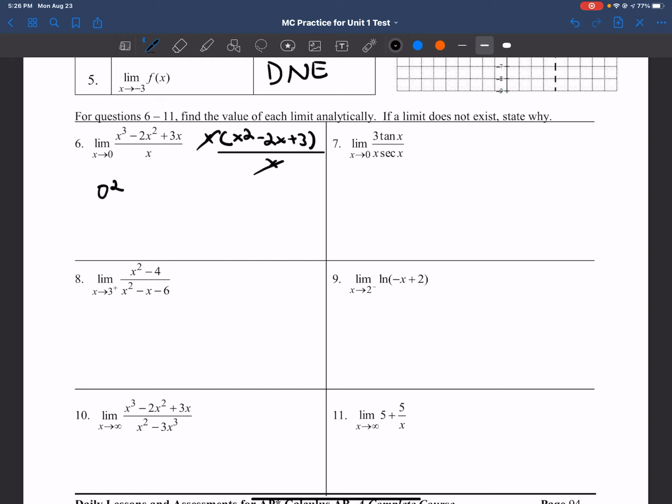So 0 squared is 0, minus 2 times 0, which is 0, and plus 3. So this will be 0 minus 0 plus 3, which is just 3. And you can write it as limit x approaches 0, f of x equals 3.